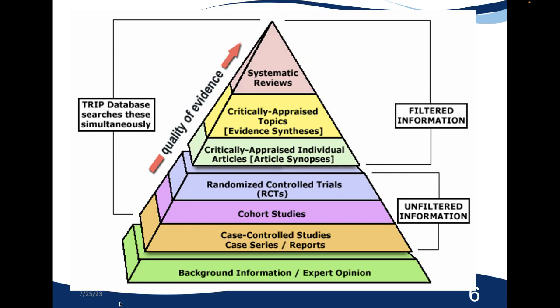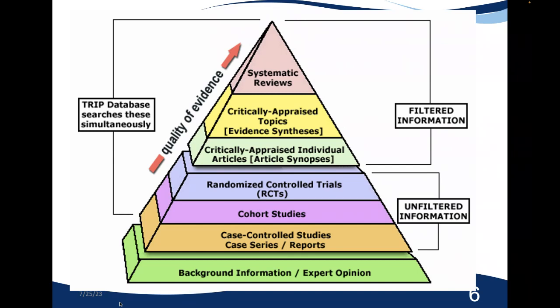So if someone takes 60 studies and does the right things to evaluate them, and uses those 60 studies to get an answer to a question, that represents a higher quality of evidence than someone who may use unfiltered information, which is at the bottom, than someone who might take one randomized controlled trial and decide that they will believe the outcomes of that trial over the outcomes of a systematic review or of an evidence synthesis or of an article synopsis.